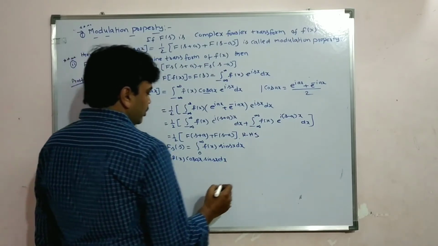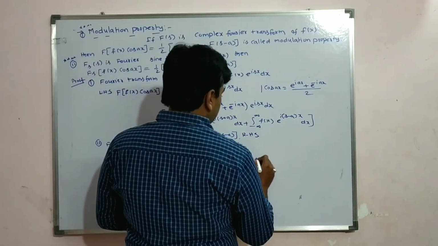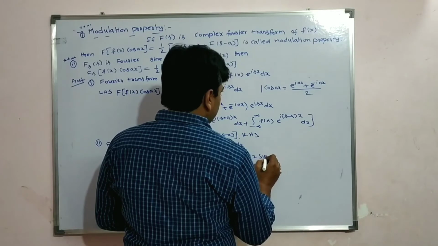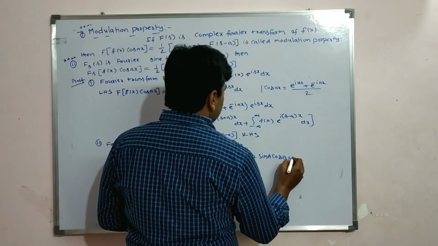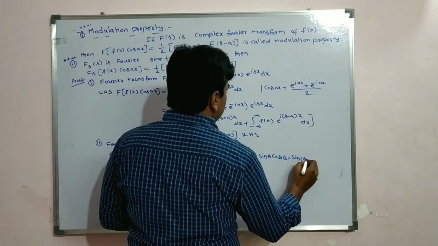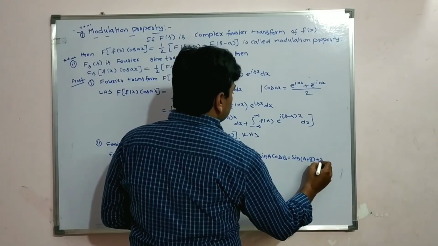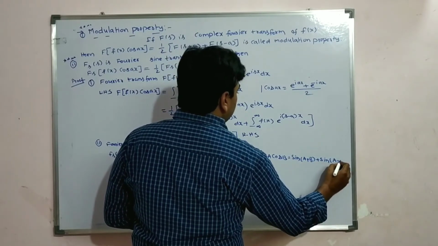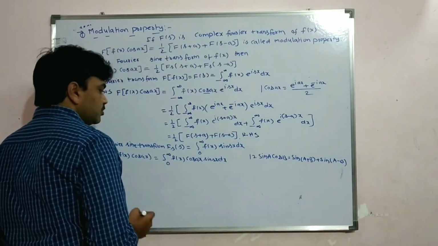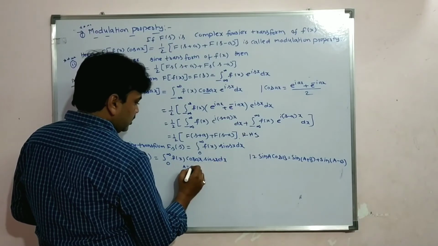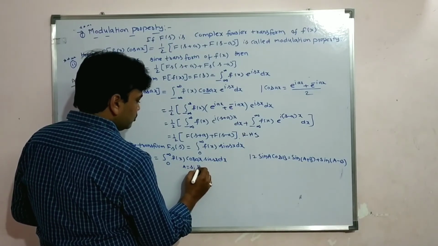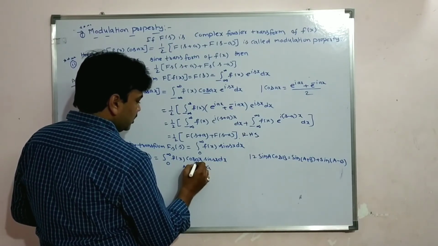Now we have a formula, students: 2 sin a cos b equals sin(a+b) plus sin(a-b). So what is a here? a is sx, and b is ax.